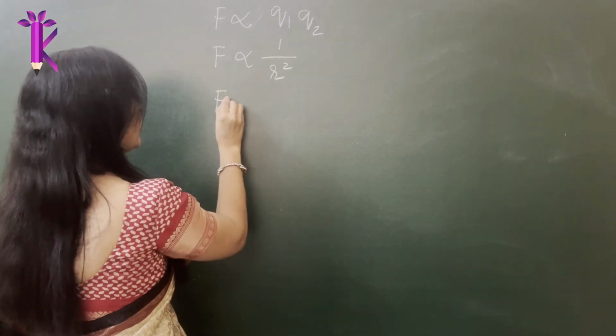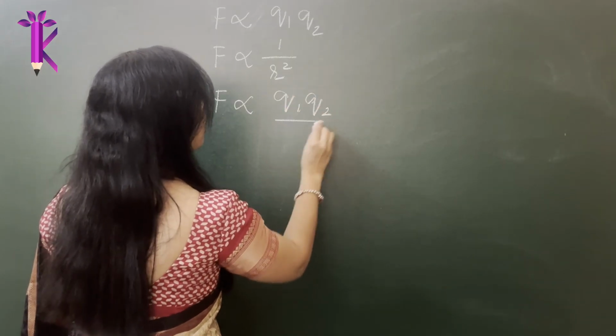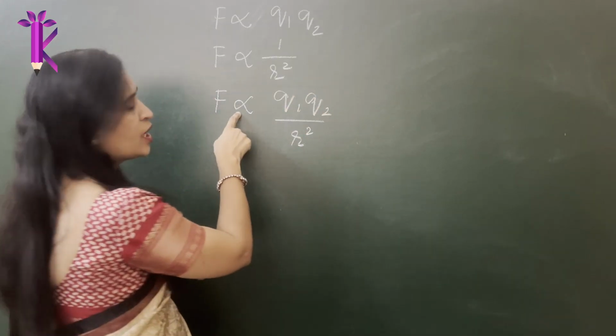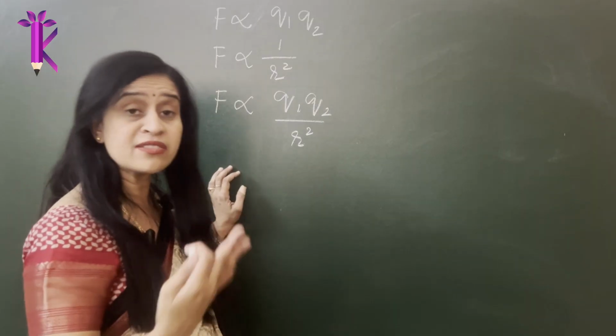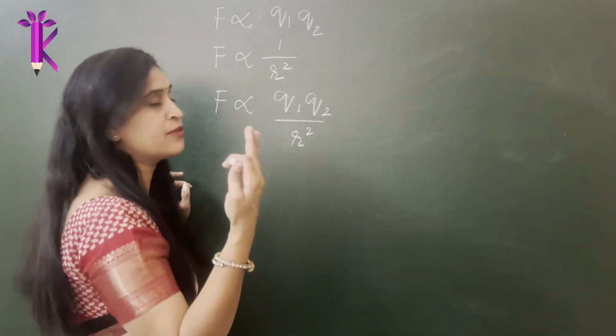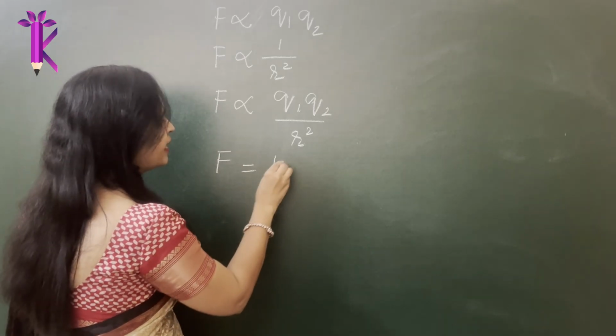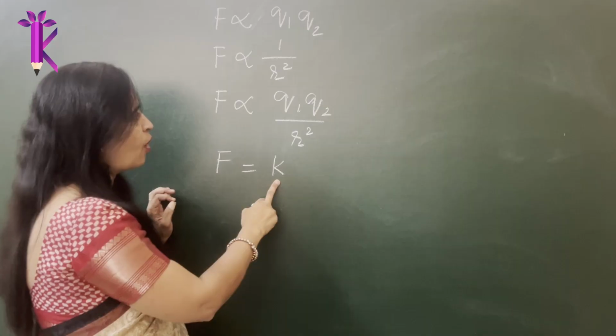Combining these two, we can write it as proportional to Q1 Q2 upon R square. Now you want to remove the proportionality constant. What do you do? You experimentally find out some constant, and we refer to that constant as Coulomb's constant.